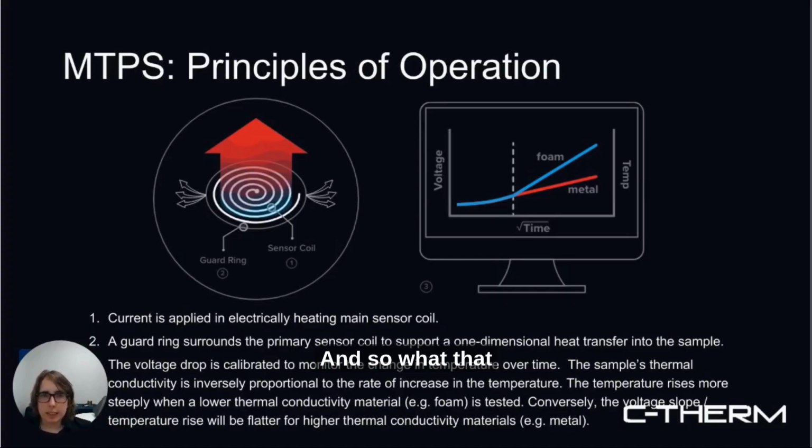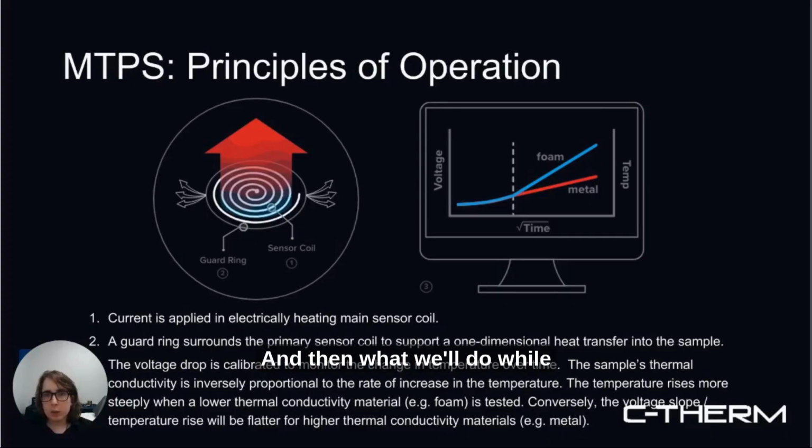And so what that does basically is ensure that the effective heat transfer is only one dimensional, and we can get at that thermal effusivity value, which sees a lot of application in human ecology, safety, and textiles industries as well.